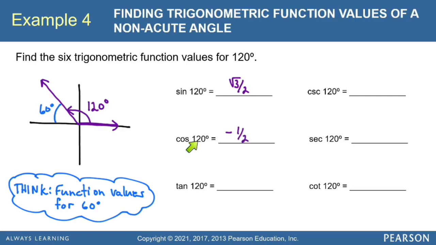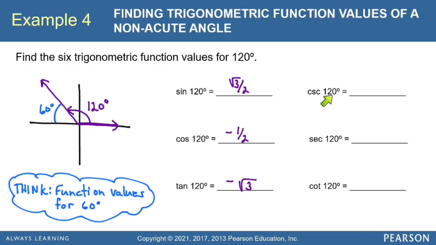So the cosine of 120 is -1/2. For the tangent of 120, we know that tangent values are negative in quadrant 2, so put your negative sign down. And then the tangent of 60 is square root of 3, so the tangent of 120 degrees is negative square root of 3.